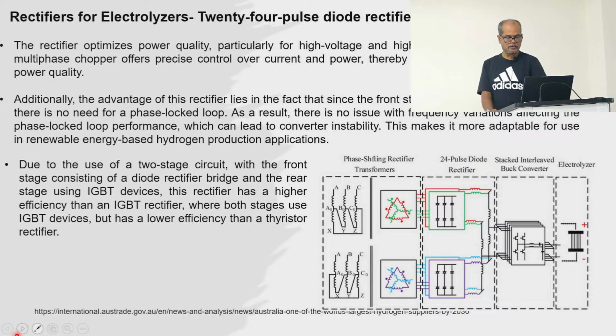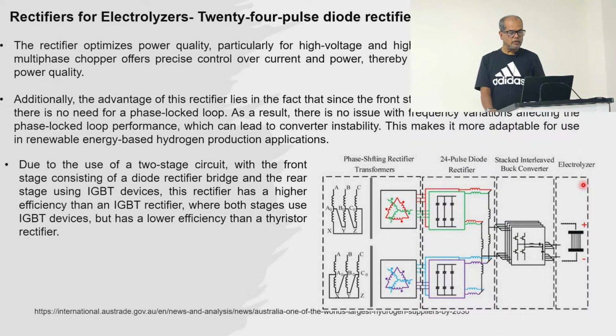This is the last one. Here we have a diode, as we mentioned in previous cases, but here we do not have any active power filter. Other than that, we do have a transformer and then rectifier and then converter, and then we are applying power to the devices.